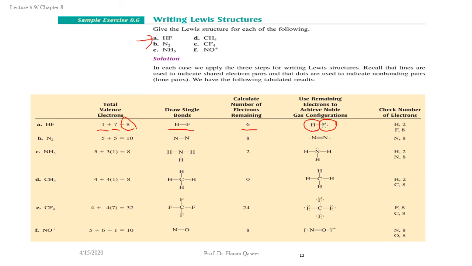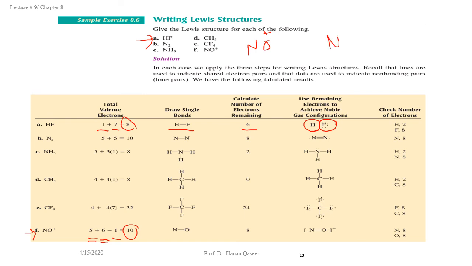stable. I will solve the second one, NO plus. Nitrogen has 5 electrons in the valence, oxygen 6 electrons in the valence. We have a positive charge, then we have to subtract 1 electron. Total valence is 10.